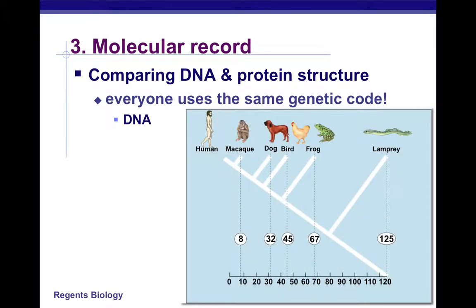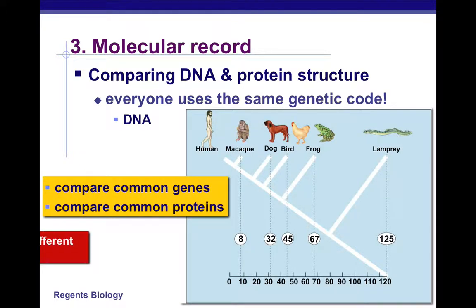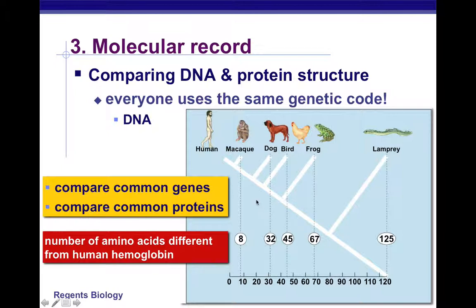The next piece of evidence is the molecular record, looking at DNA and protein structure and comparing different species. Here we are comparing the amino acids that code for human hemoglobin. With a monkey, we have only 8 amino acids different, compared to a lamprey, which has 125 amino acids that are different in the human hemoglobin protein.